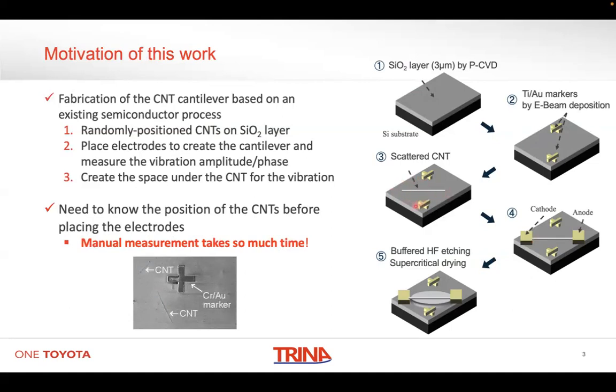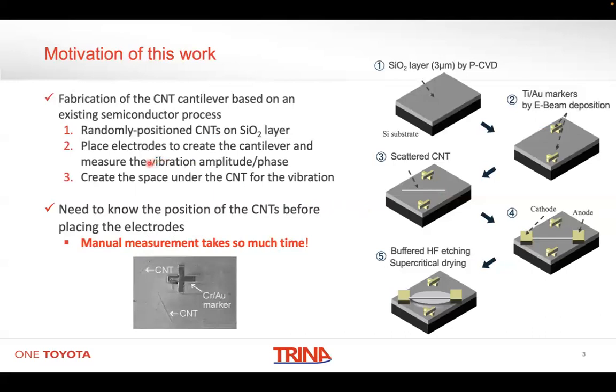In this case, on the silicon dioxide wafer there are so many carbon nanotubes, but we don't know where they are located. To develop the cantilever structure, we need to place one edge by electrodes.